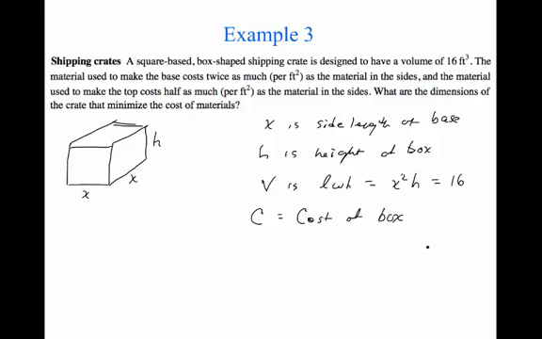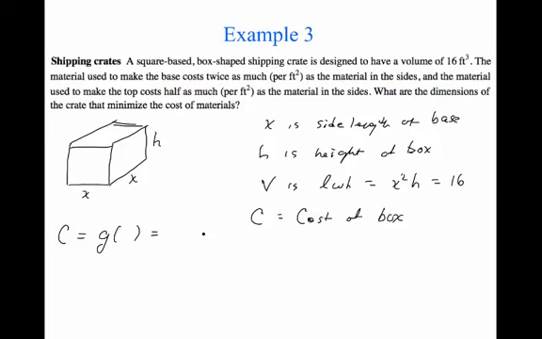When you do an optimization problem, the centerpiece of the solution will be a magic word: a function whose dependent variable is, in this case, cost. We want a cost function. So C equals, I'll call it G this time, G of something, all right?